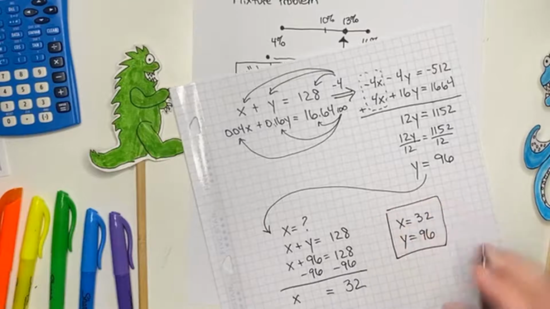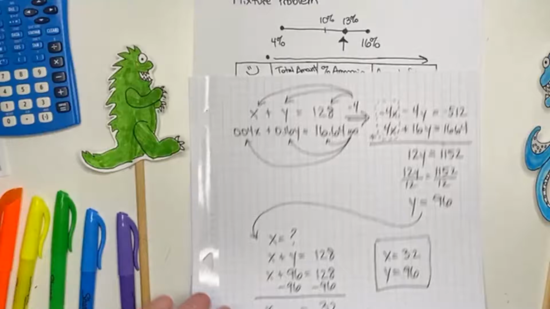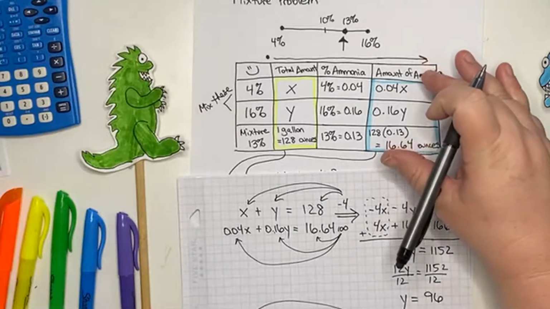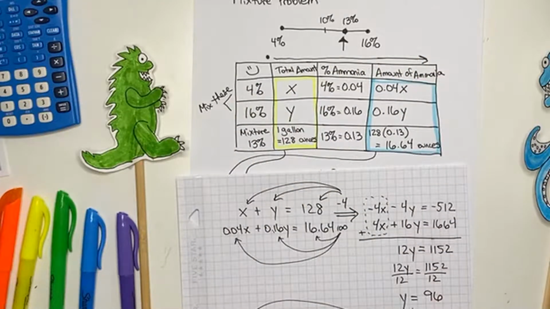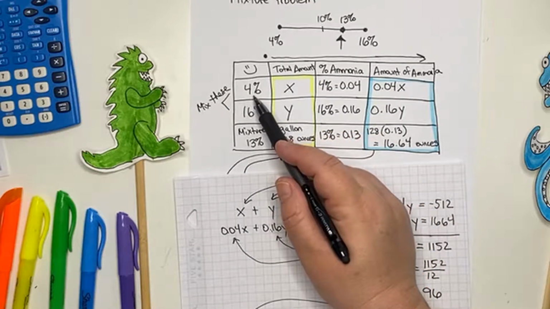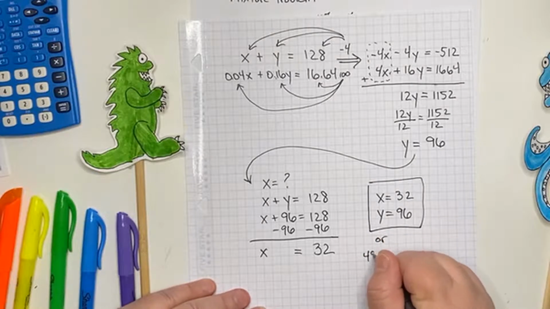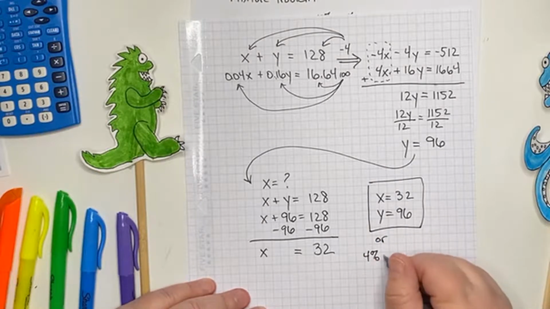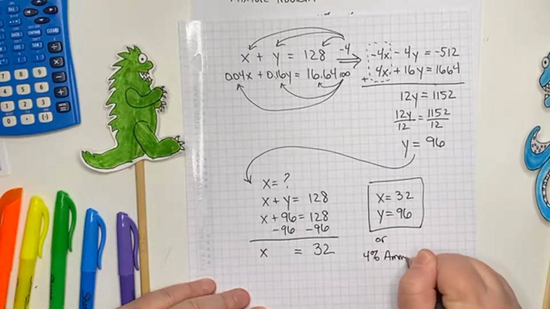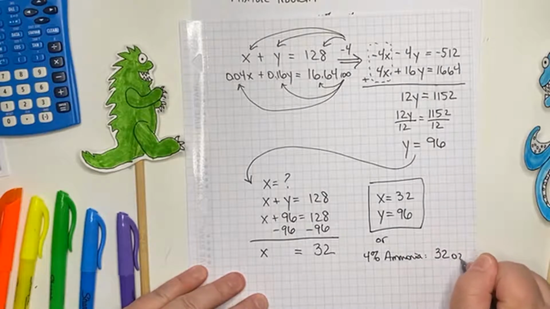Now, in some settings, you may want to be more formal. And if you want to be more formal, then we can go back. The nice thing about this chart is it keeps all the information. Which one was x? I can look and see, oh, that's the 4% one. So I could write 4% ammonia, I want 32 ounces.